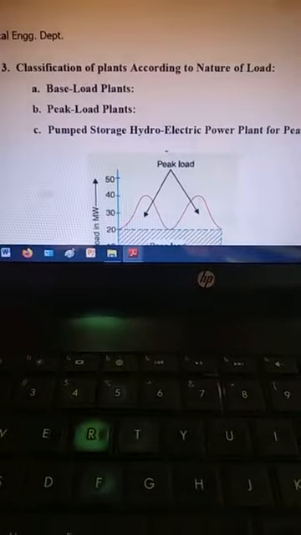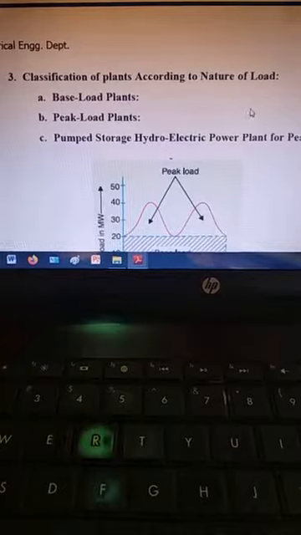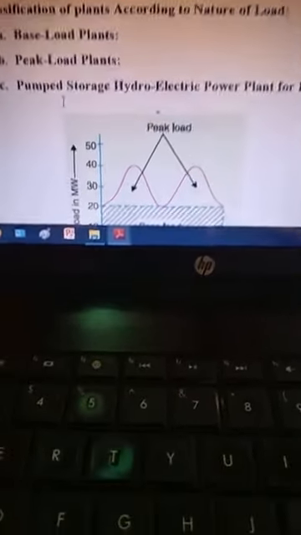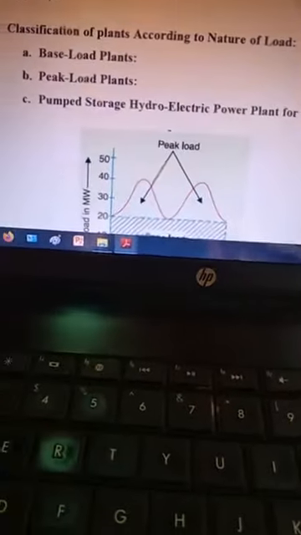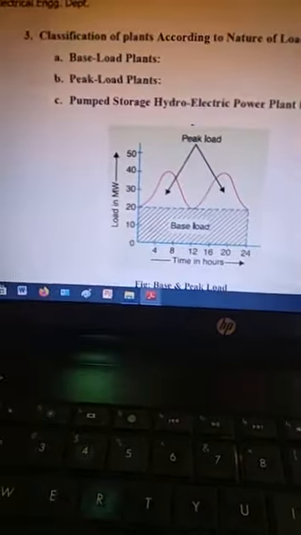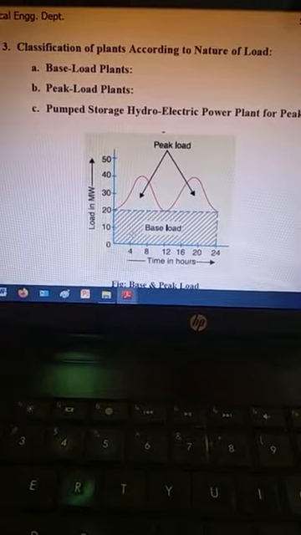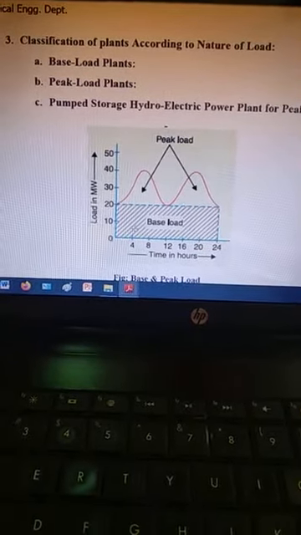So let us move on to the third category. It is a very important category, that is, classification of plants according to the nature of load. So as you know, what is load actually? I will tell you what the load is. Load means how much electricity consumption is needed from the power plant.